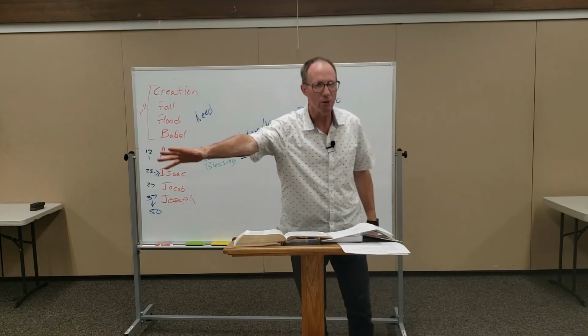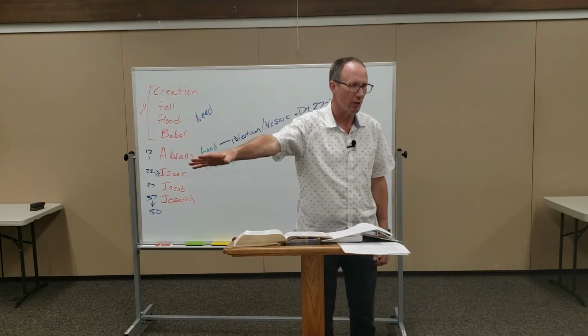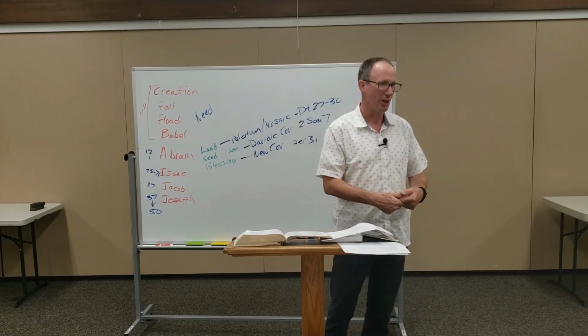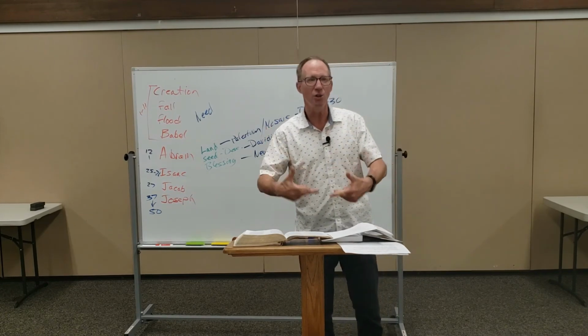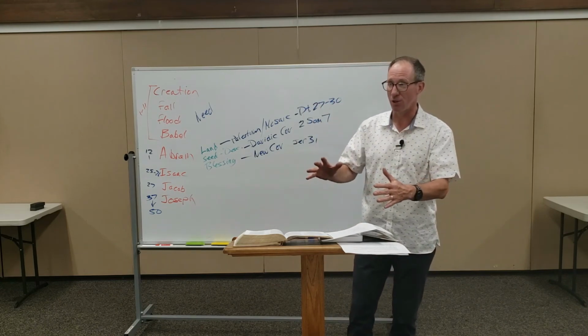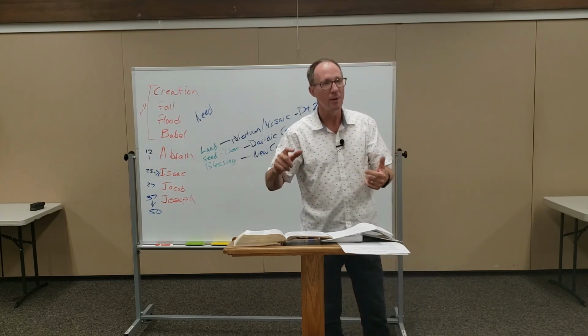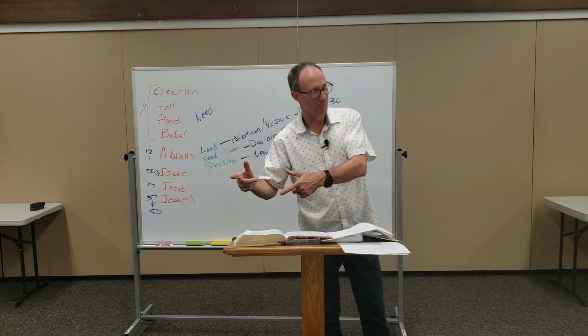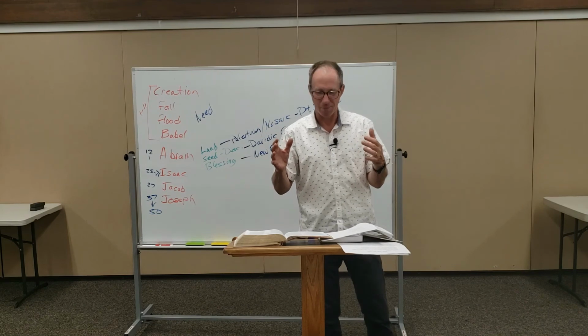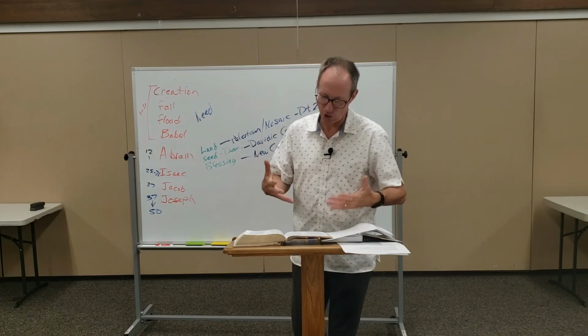His brothers are out supervising the sheep in the field, and Joseph is not. Joseph's got indoor clothes. Joseph's suit and tie. Joseph is white collar. His older brothers are doing the blue collar work. That's kind of what this coat of many colors is like, okay? Of this nice fancy tunic.